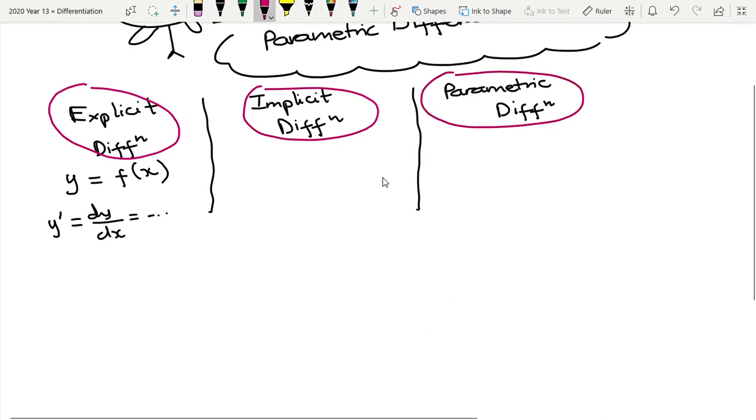So I'll start with the form first. The form for explicit differentiation is in fact just y equals f(x). So clear as day, there's no hidden meaning behind this.